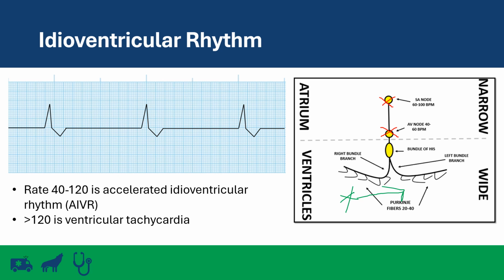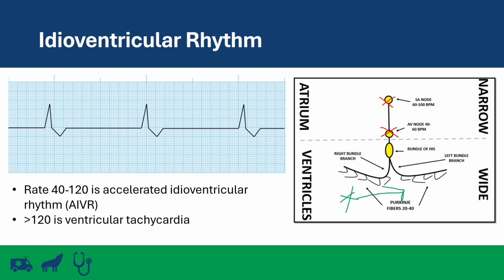Additionally, there are a few rate rules with idioventricular rhythm. If the rate is greater than 40 but less than 120, we call this an accelerated idioventricular rhythm. Accelerated idioventricular rhythm is a really common reperfusion rhythm.